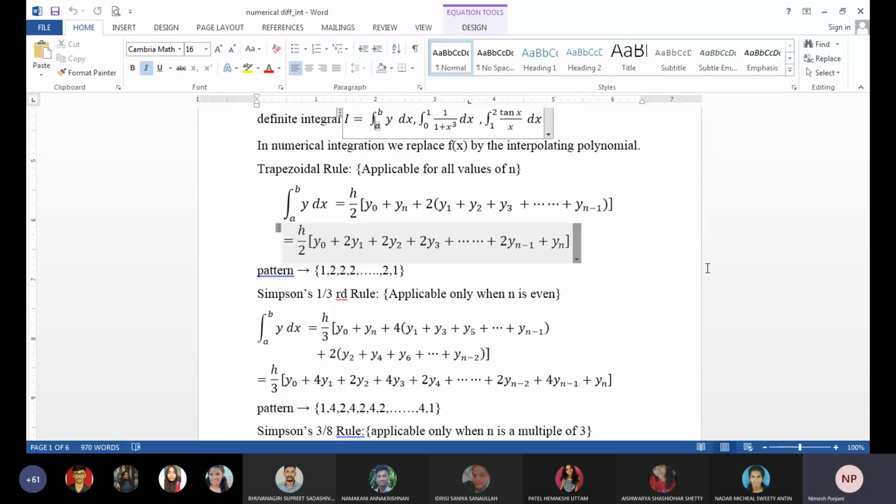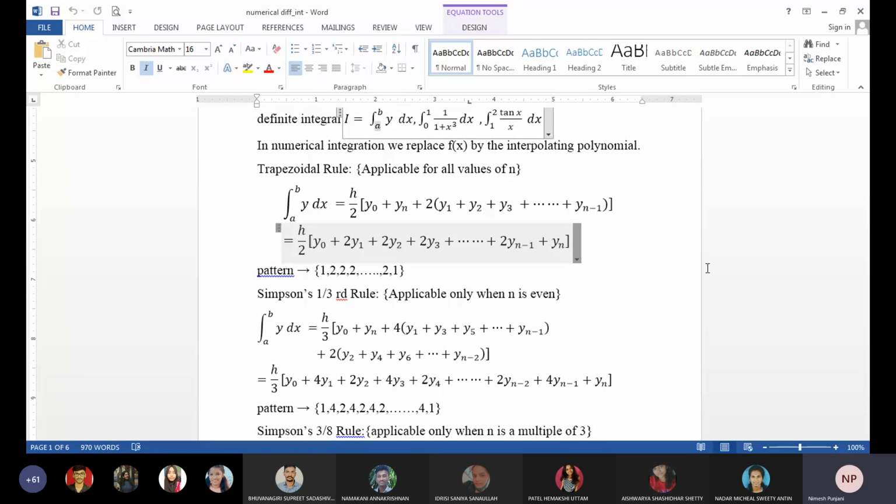Then comes Simpson's 1 by 3. The formula is h by 3 y0 plus 4y1 plus 2y2 plus 4y3 plus 2y4 and so on. Last term is yn. So here the pattern is 1, 4, 2, 4, 2, 4, 2 and so on. That means the first and the last term will have the coefficient as 1.